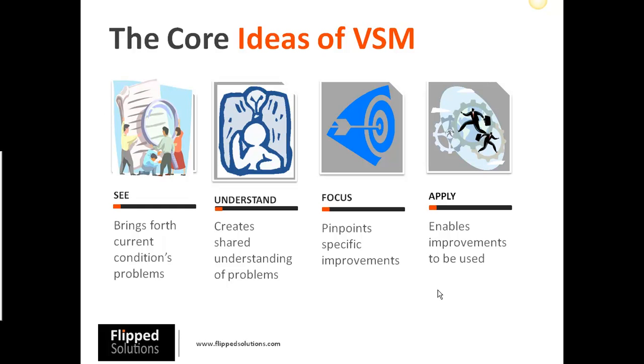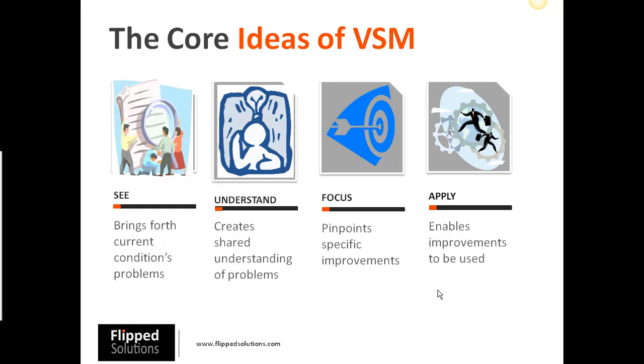The second thing is that it helps to create shared understandings of what problems are. Many times these processes can be very complex and have a lot to think about. And so when you begin to lay it out, it helps to create a shared understanding of where these problems might be.